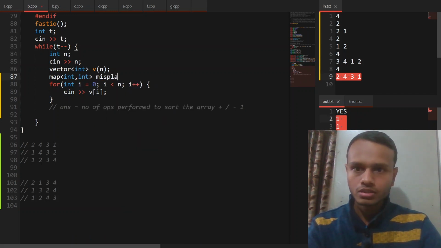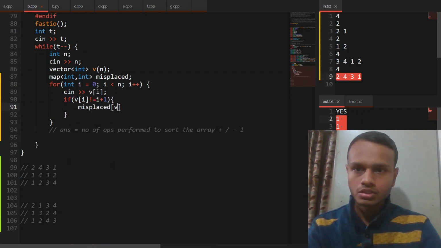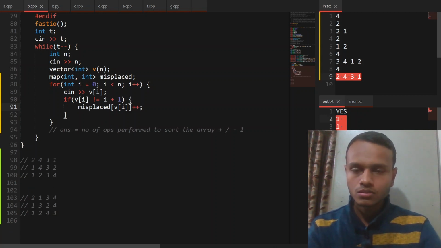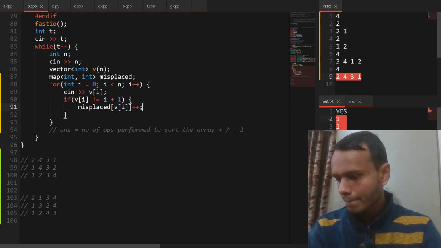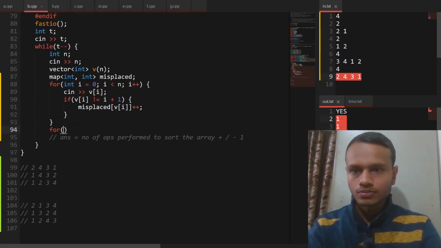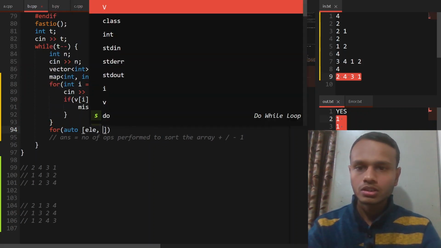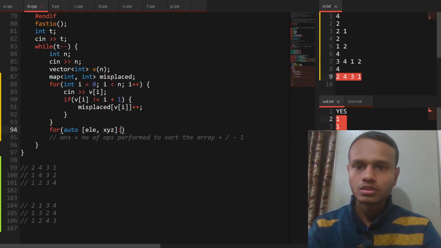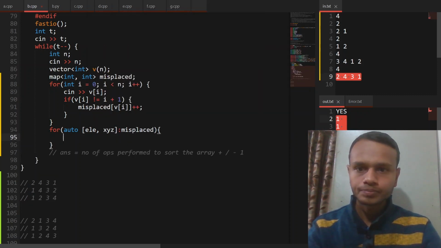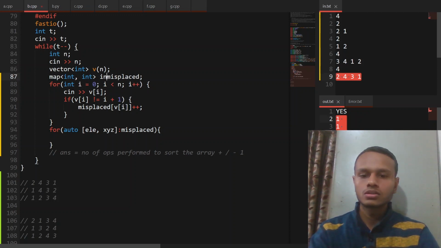So it should be called misplaced, I think. If v of i is not equal to i plus 1, then misplaced of v of i plus plus. Now for int or auto element and I don't know xyz in misplaced. Also I should store the indices.